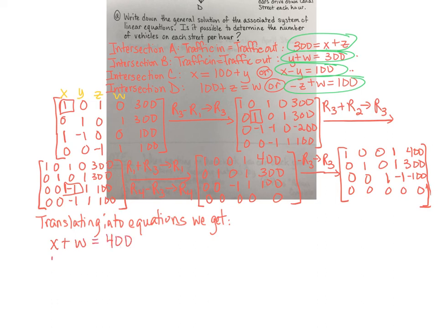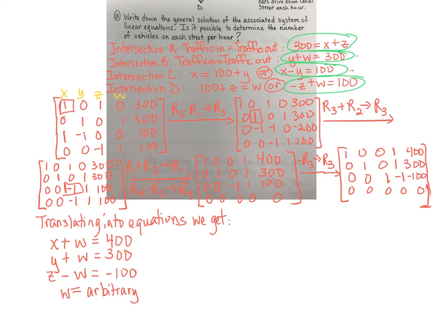From the second row, y plus w is equal to 300. From the third row, you see you have a 1 in the column that was z, so you have z minus w equal to -100. And then because you have that row of zeros, w is arbitrary.